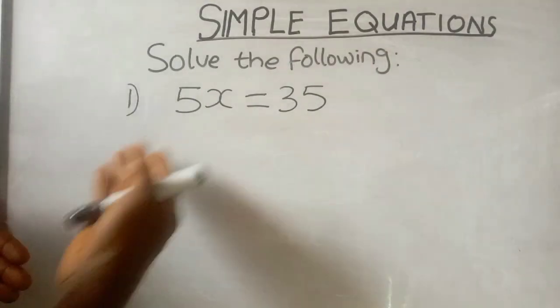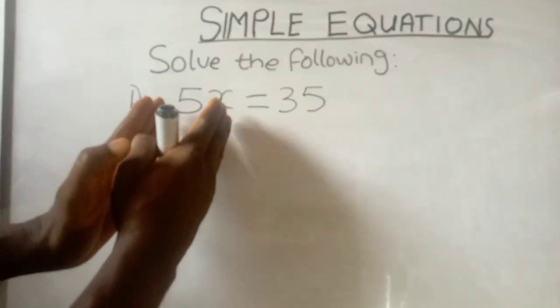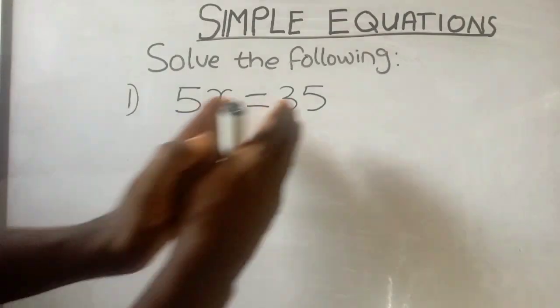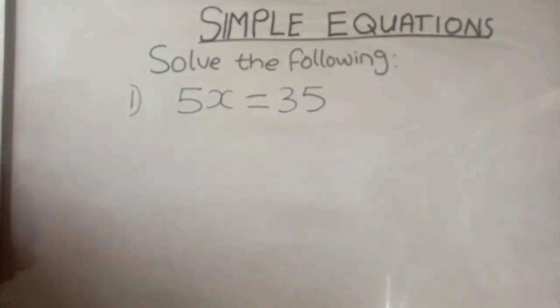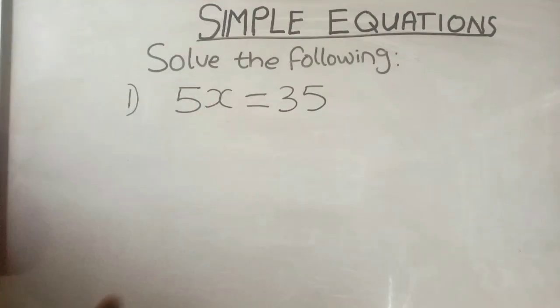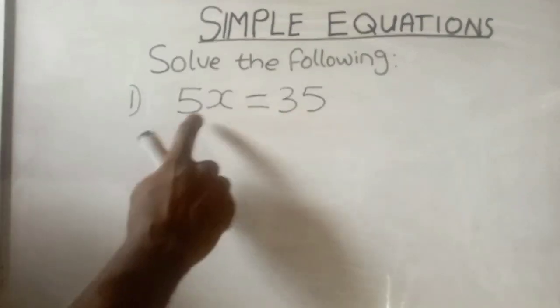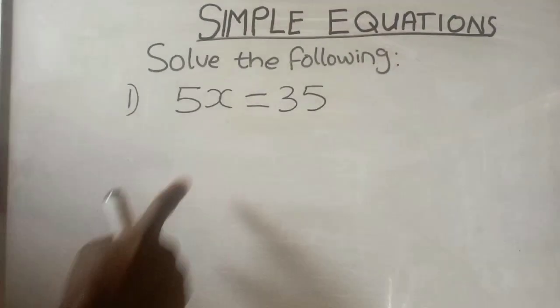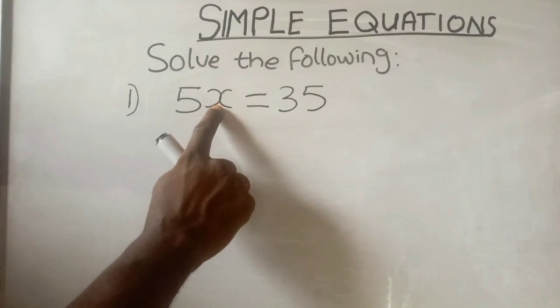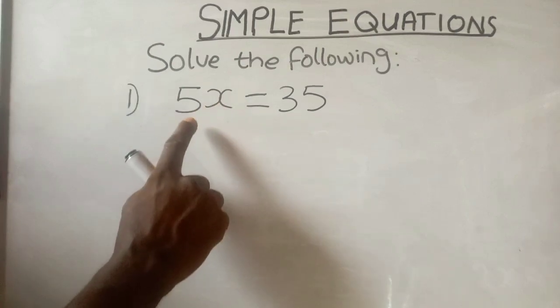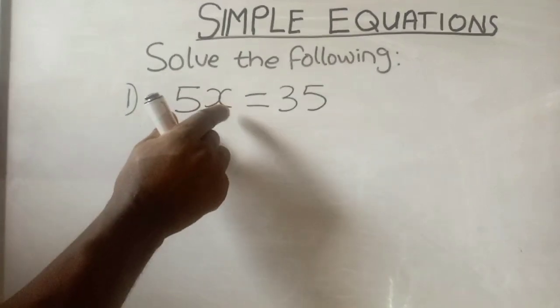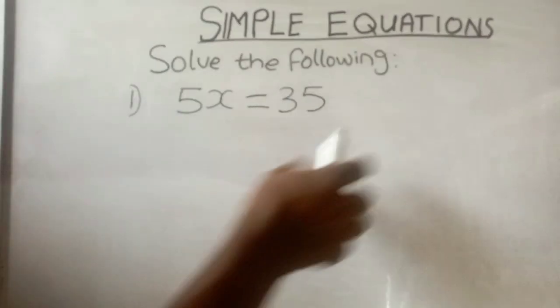All right, so what we do here, when you have an expression at the left and another one at the right, and there is an equal sign between them, what we are to do is to divide both sides by the coefficient of x here. The coefficient of x here is what? 5. So we are going to use 5 to divide the left hand side and the right hand side.